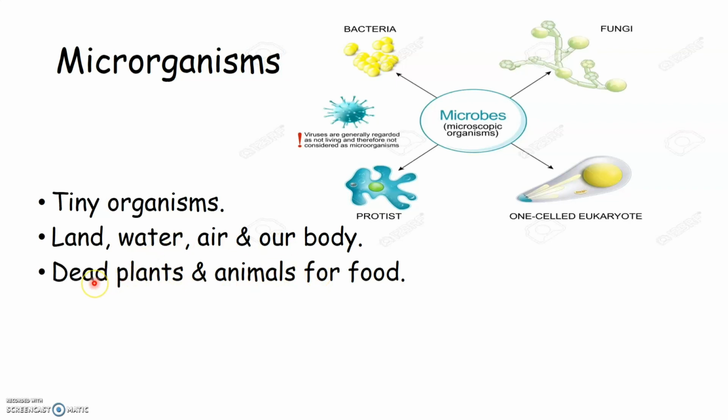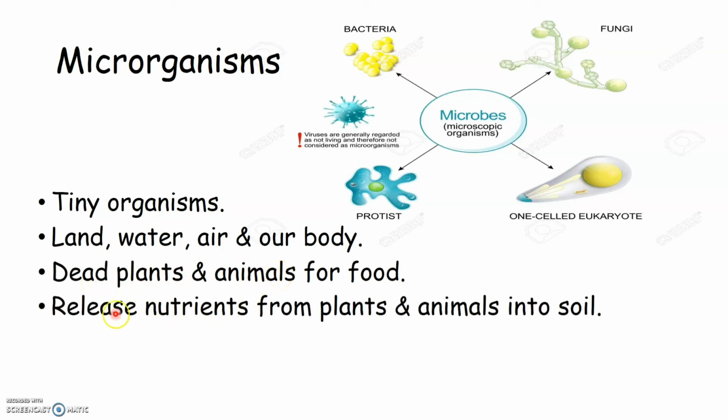So these microorganisms will feed on dead plants and animals and they will release nutrients from these plants and animals into the soil. Now these nutrients are required by plants when they prepare food by the process of photosynthesis. So here we have seen that microorganisms depend on dead plants and animals for their food.